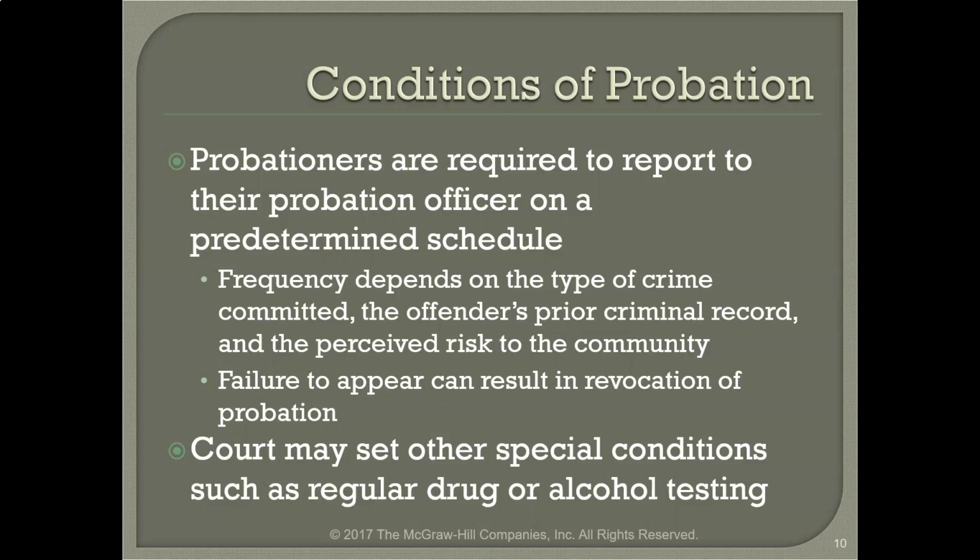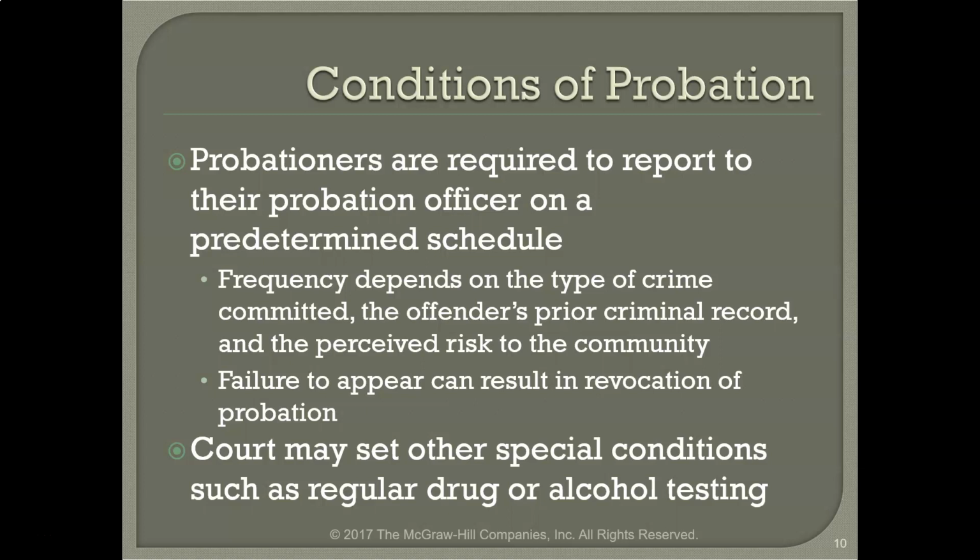The conditions of probation vary based on the needs of the offender. And what do I mean by that? Kind of a standard condition of probation for everybody on probation is obey all laws. But if you consider someone like a sex offender, for example, living out in the community, is there anything you can think of that might be a good idea to limit that person from?